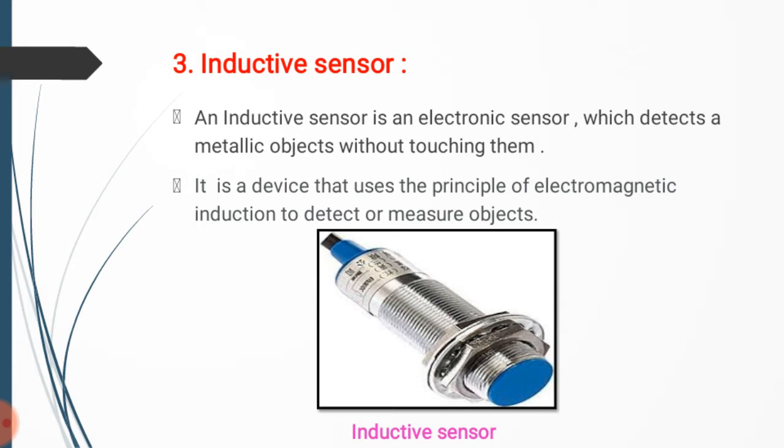With the help of that we are able to detect them. And the inductive sensor shown in the figure is also used in different electronic circuits to detect metallic objects, or in instruments specially constructed for detection of metallic objects.